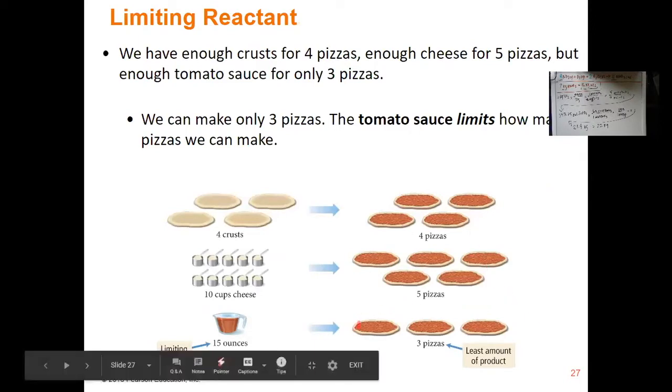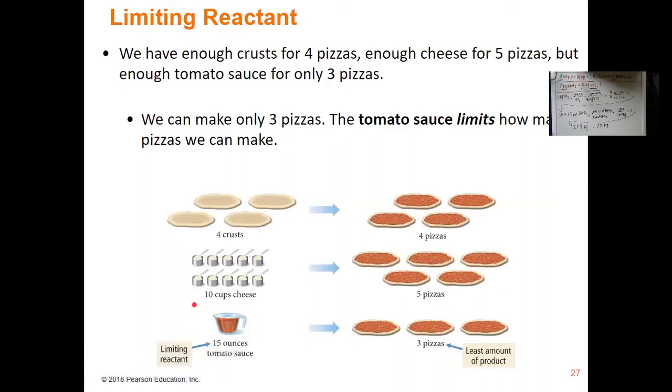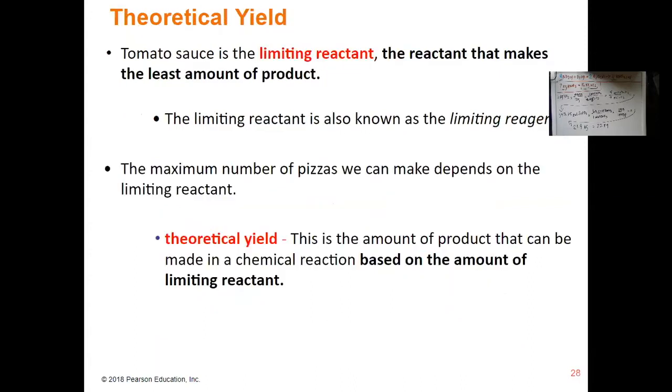Your theoretical yield is going to be the least amount of product. Your limiting reactant is going to be the thing that produced the least amount of product. I'm giving you this in multiple forms so that whichever way you can remember it, I want you to remember it.